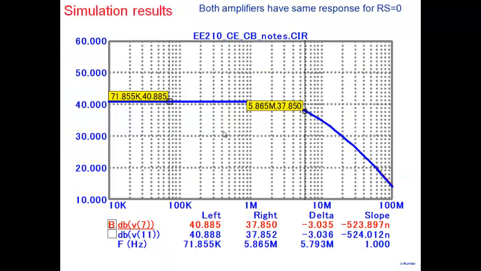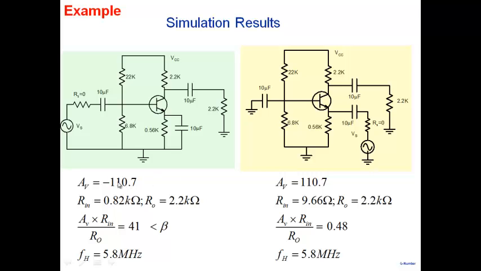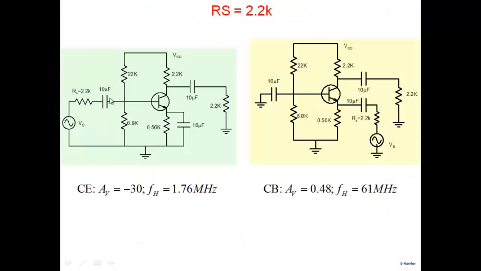Now, let me show you some interesting results here. In the next case, we put an RS of 2.2K here and an RS of 2.2K here, in both of them. Now, note what the gain was earlier. It was 110. And the gain of this one has gone down to 30. Why? How am I defining gain?